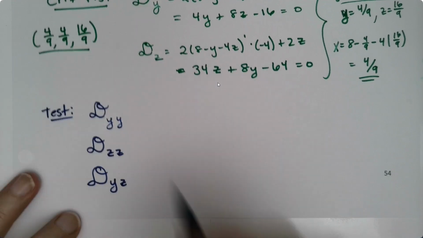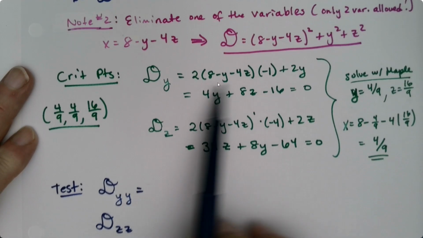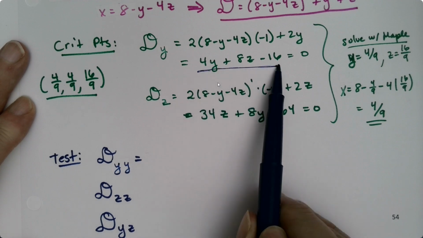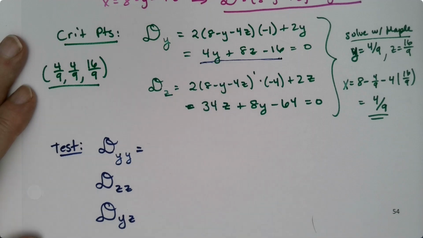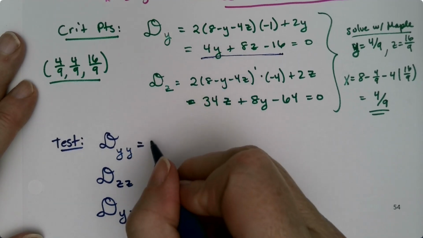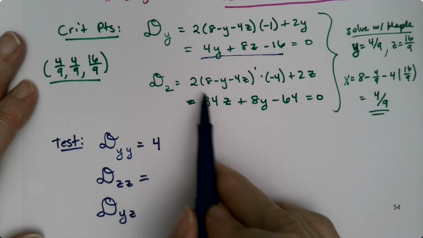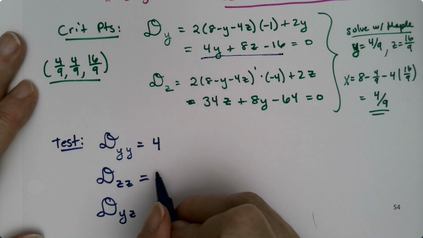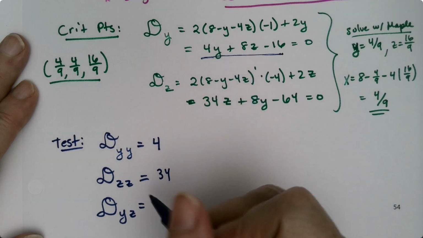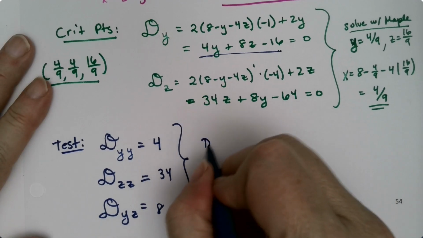So, d y is right there. So there's d y, simplified out. And of course, you can use Maple to help yourself simplify it too. So the derivative of that with respect to y is 4, which is nice and easy. D zz would be 34. D yz would be 8.